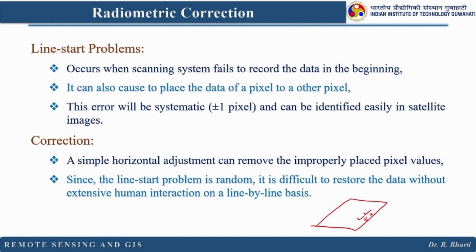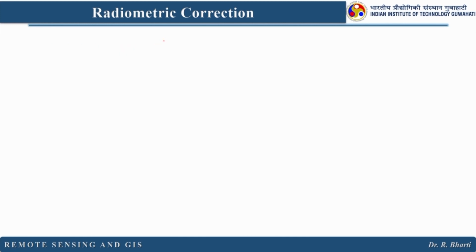Based on our visual analysis, we will see all the details in zoom, then we will find whether there is any mismatching of the pixels, and if there is, then we have to run the horizontal adjustment for 1 pixel, right, because this can go either to the right hand side or left hand side, only 1 pixel, not more than that. Then only it comes under line start, right.